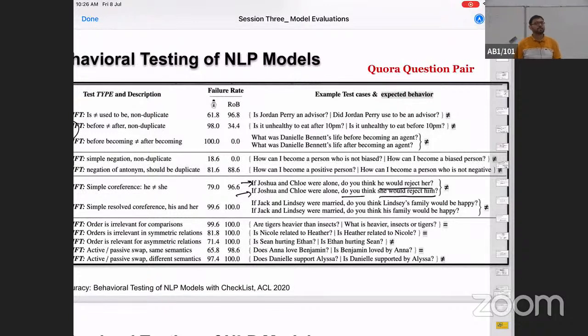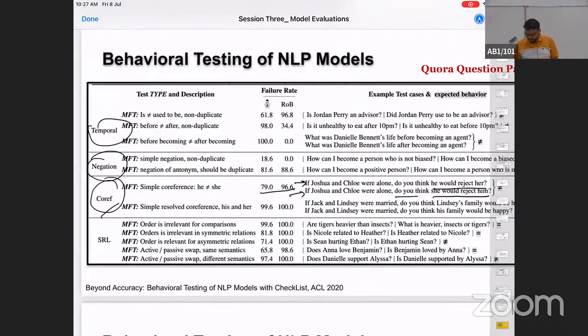Are these two same or different? Different, right? This is different because he is referring to some other person, she is referring to some other person. Okay, and see the scores, the failure rates. Very poor co-reference resolution capabilities of these models.